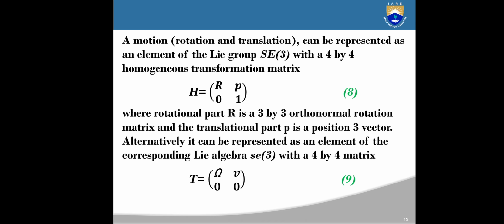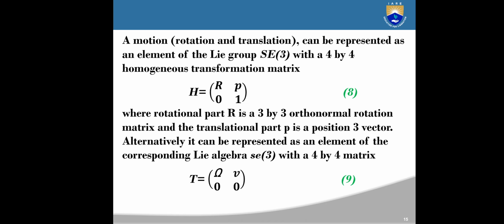A motion, rotational and translational, can be represented as an element of Lie group SE of 3 with a 4 by 4 homogeneous transformation matrix H is equal to R P 0 1, where rotational part R is a 3 by 3 orthonormal rotation matrix, and the translational part P is a position 3 vector.